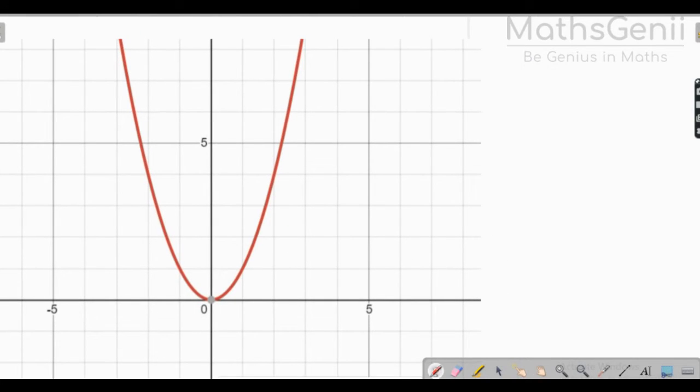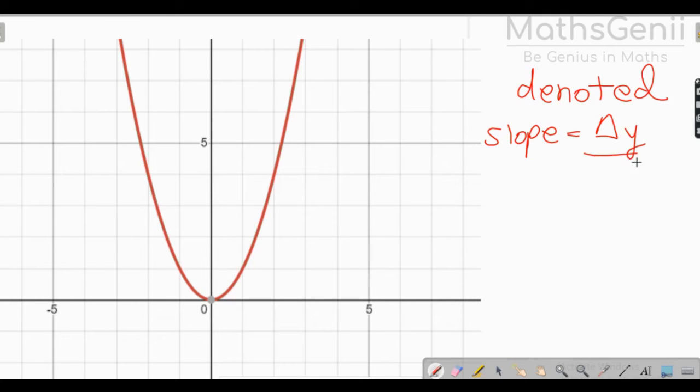So we just saw that the slope of a curve does not remain constant throughout. So to find the slope of any curve, we make use of derivatives. How is derivatives denoted? Even before starting derivatives, you should know. So what was the slope formula in line? The slope formula was delta y upon delta x.